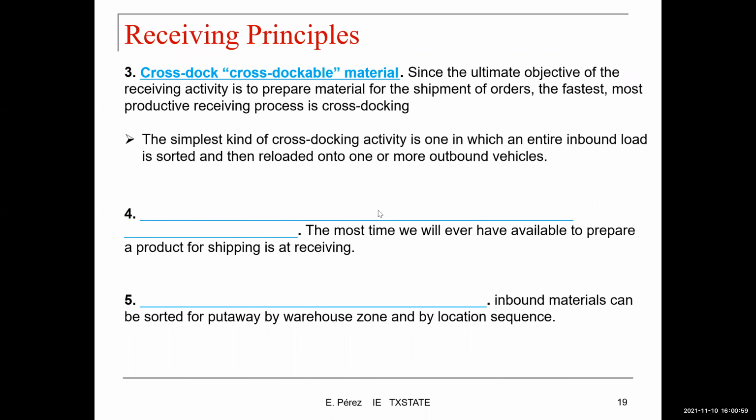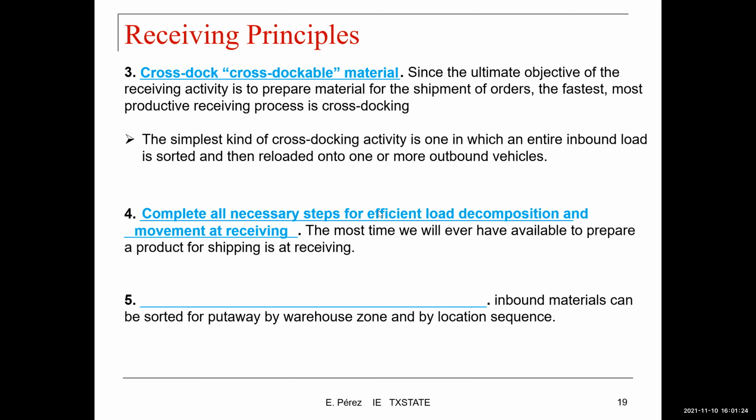Okay, so simplest kind, that doesn't mean that it's gonna happen always, but if you have that type of operation in which you can assure you have a load coming in from a truck, and then you can split that and send it into other trucks for delivery, then that will be ideal.